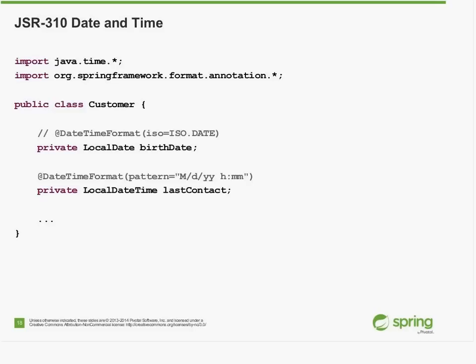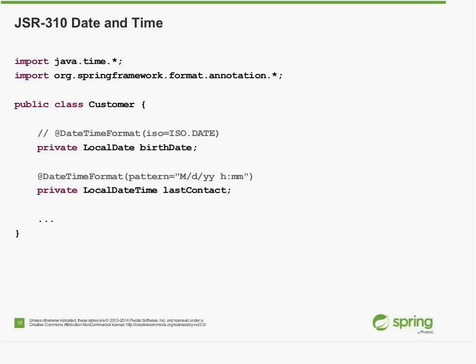However, with the birth date example above, the formatting annotation is commented out. Why is that? It's because we can infer that information from the actual type. If it was a java.util.Date, you would have to add the DateTimeFormat annotation. But through declaring it as a LocalDate, the framework basically knows, okay, that's supposed to be a date representation, so we're using the ISO date representation convention by default.